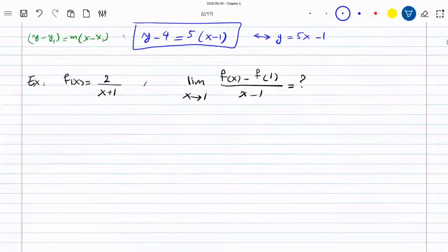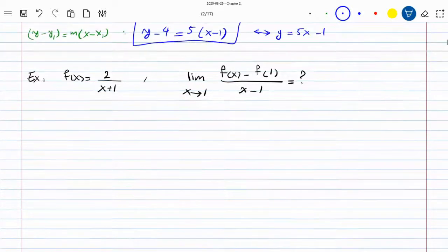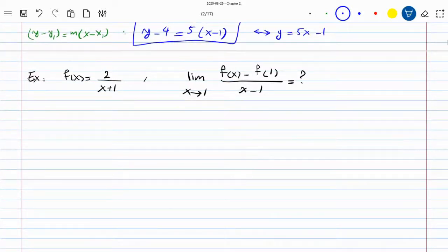Okay, here's another example. You want to figure out the slope of the tangent line at this point, given at 1. But I'm going to calculate it through another formula. The other formula. So here, they ask you to figure out this limit. What is this limit?